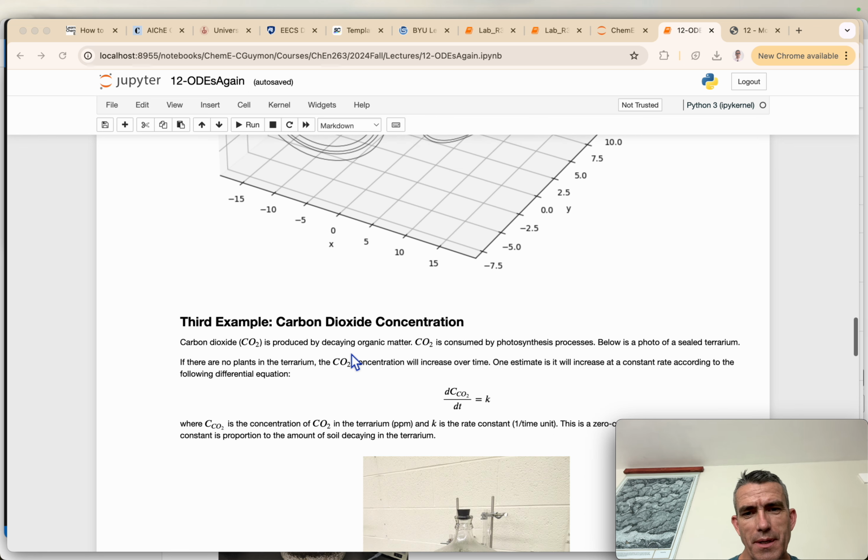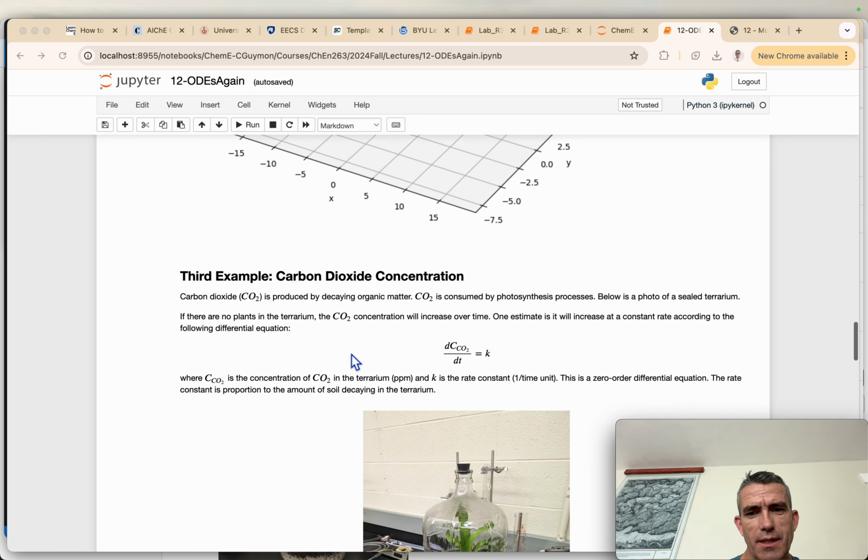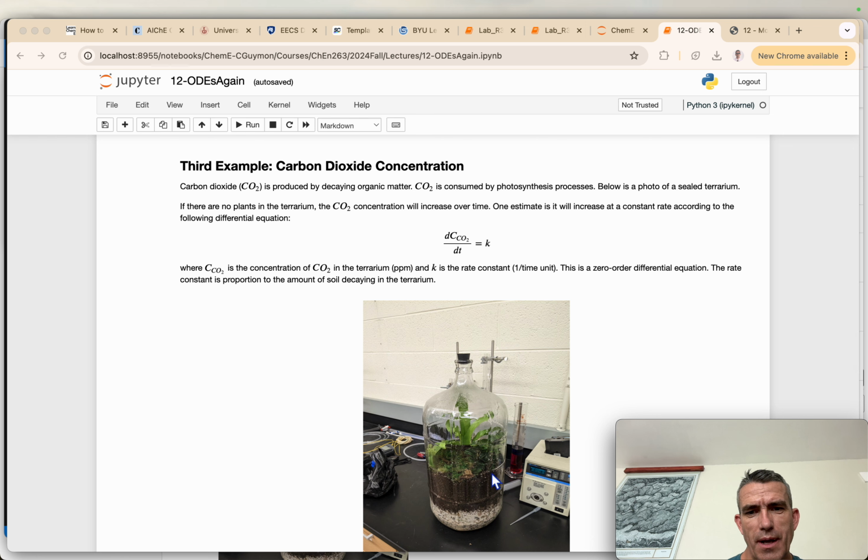The third example here, quickly, is I have a terrarium, and I made this terrarium. But the first time I made it, as you can see, I put some plants in there and soil and the rocks and water and sealed it off, and all the plants died.